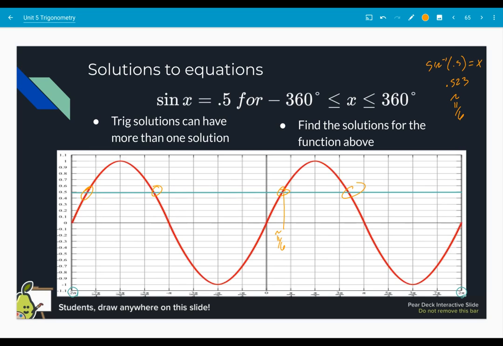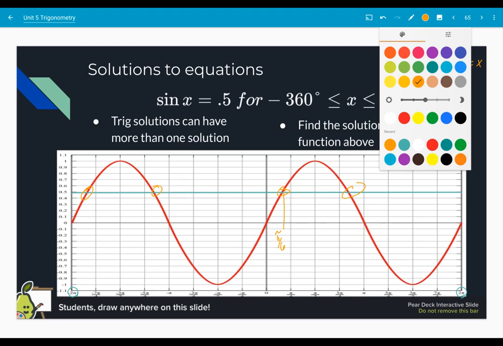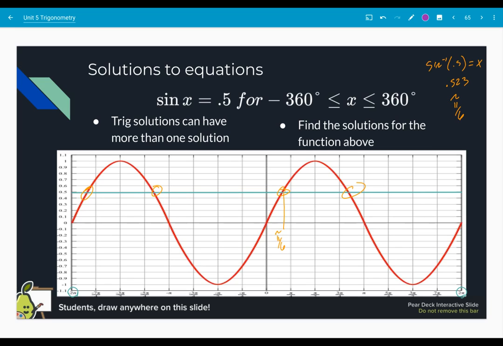There are a couple of different ways you can think about it. I'll illustrate the first way in purple, and we'll do the other one in a different color. We look at where our function crosses the midline, or crosses 0. In this case, it's right here at this dot. We look at the distance here and say, okay, that's pi over 6.